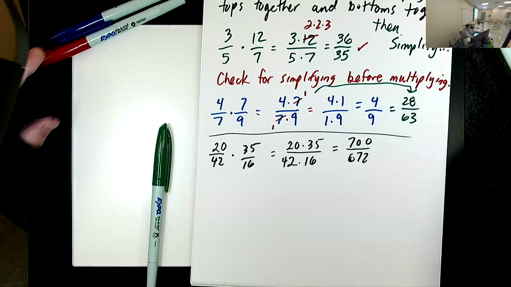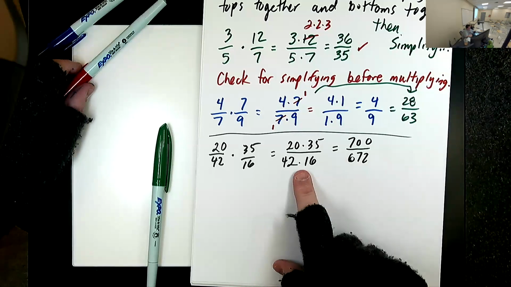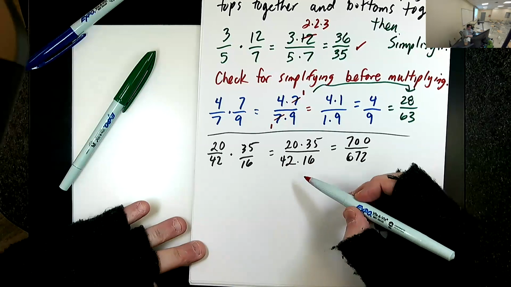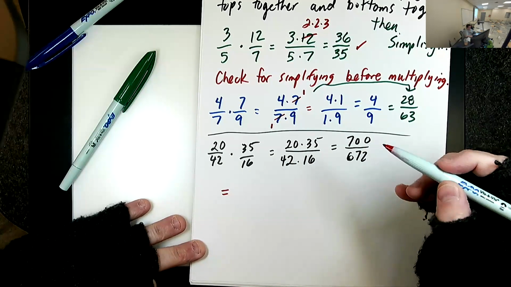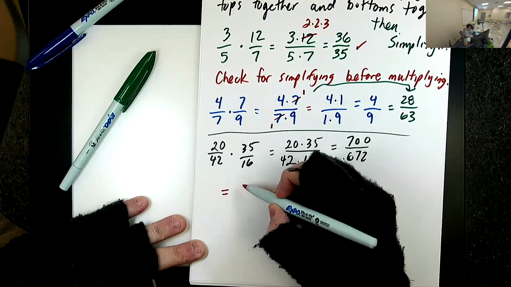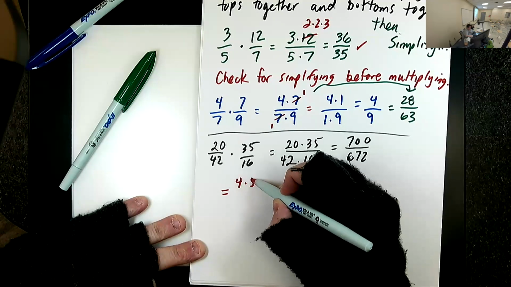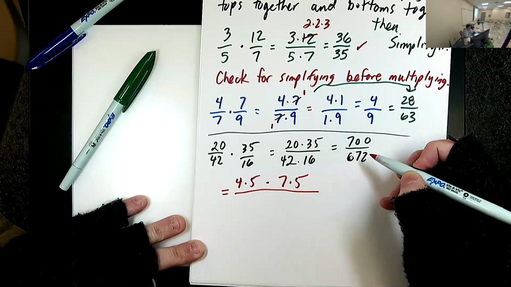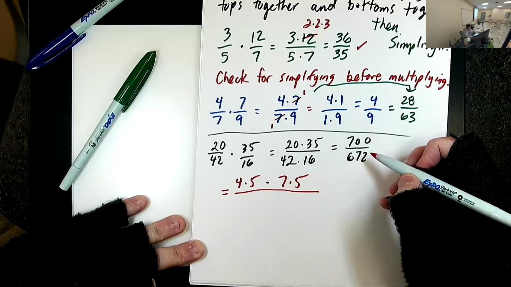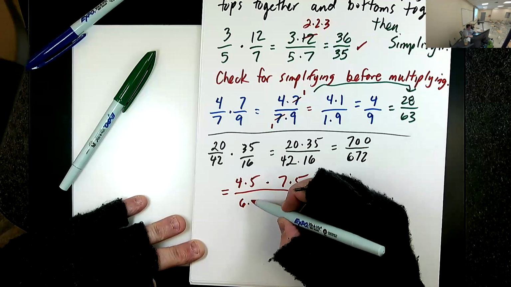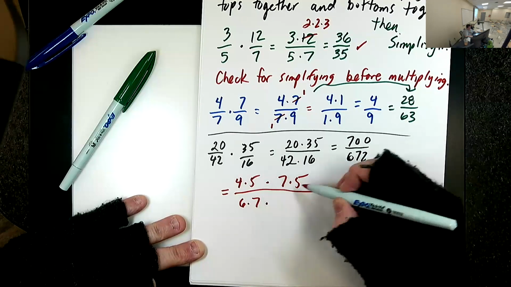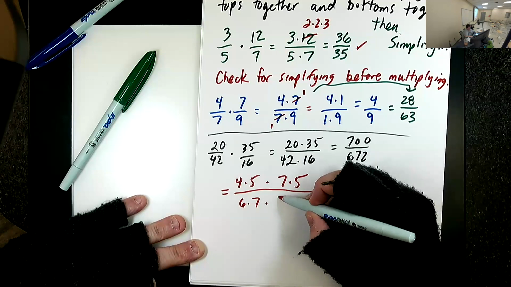But if we start from here, these are all things I know from the times table. I can write that as, and just go with the ones you recognize. If you recognize 20 is 4 times 5, put that down. 35 is 7 times 5. 42 is 6 times 7. 16 is 4 times 4.